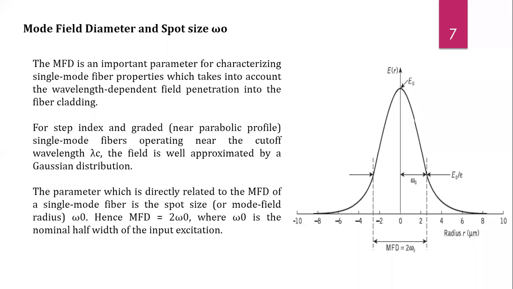Here the spot size is denoted as omega naught. So we know the value of MFD is equal to 2 into omega naught. By cross multiplying, we will get omega naught is equal to MFD divided by 2, right? So this is the formula to find out the spot size of the fiber.